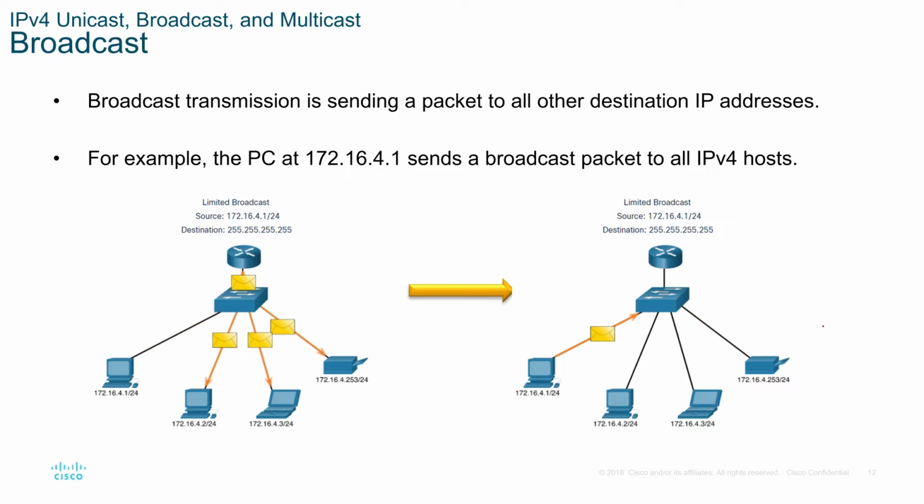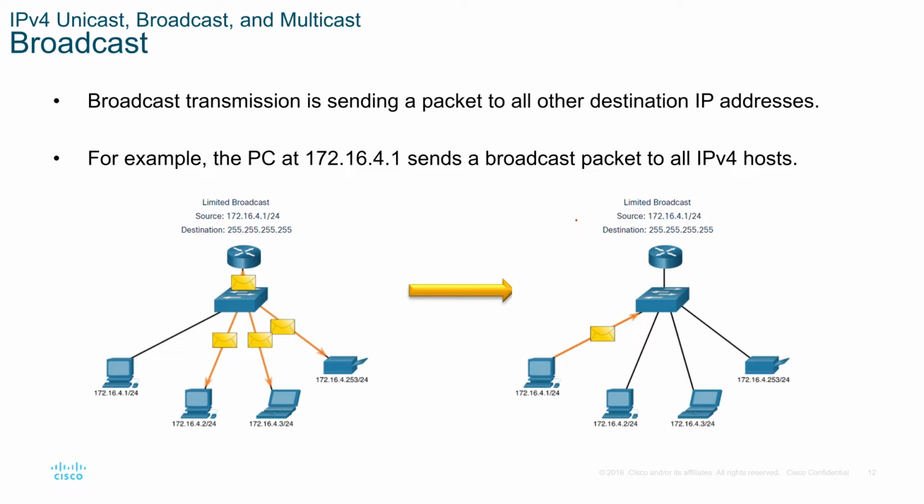We also have broadcast, such as when a computer turns on, a host will turn on, and it needs to find a DHCP server. It sends a broadcast that goes to every other host in the network. Once that host responds, then it turns into a unicast that the two can connect with one another directly without sending a broadcast out.